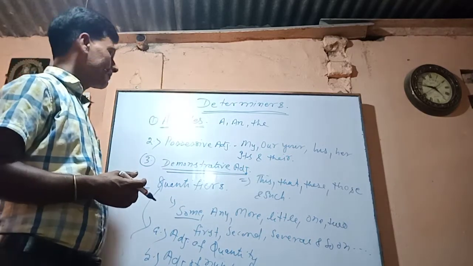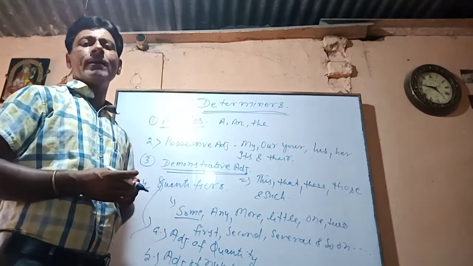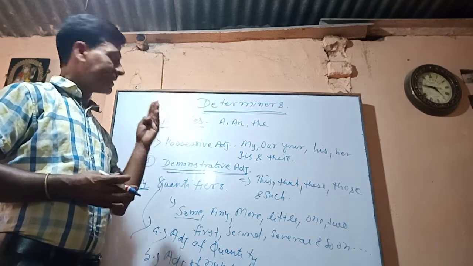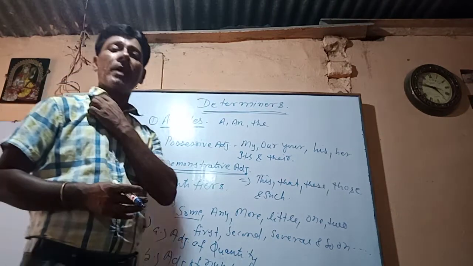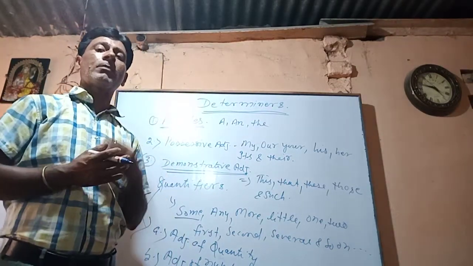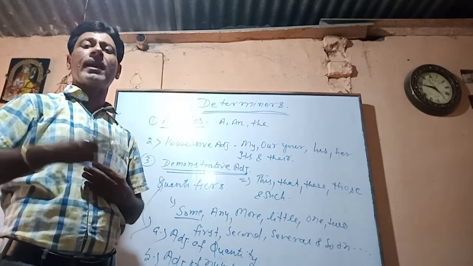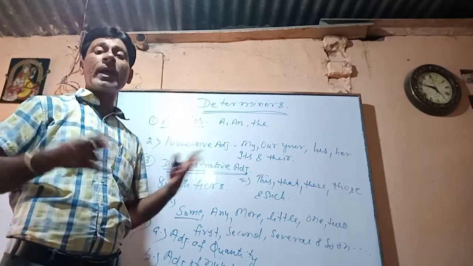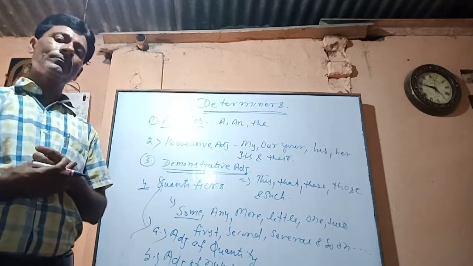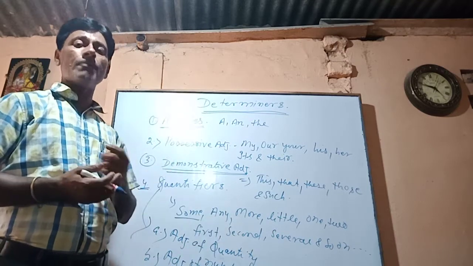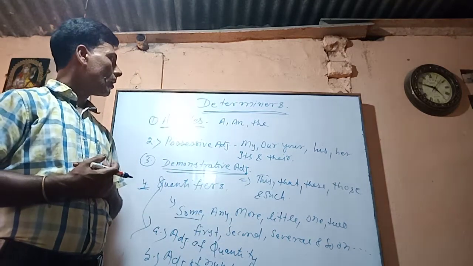So this exercise is definitely very important, because we learn these determiners from the very beginning of our learning stage, from class 6, 7, 8, 9, 10 and above. In every single class, we have to learn some common chapters of grammar in which determiners come.